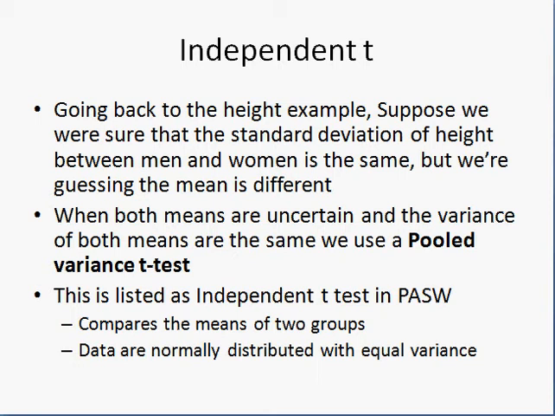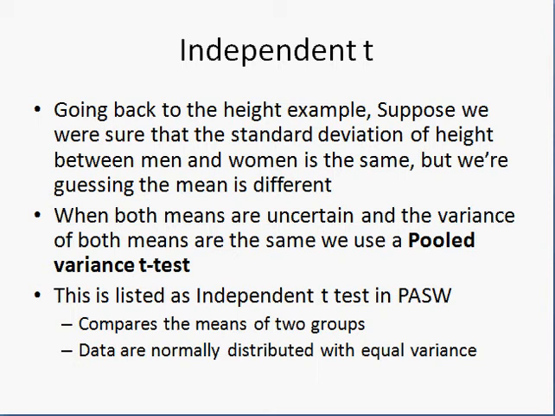We would start with a null hypothesis that men and women are the same height, and if we reject that, we would conclude that they're different. When both means are uncertain and the variance is assumed to be the same, the appropriate test is a pooled variance t-test.